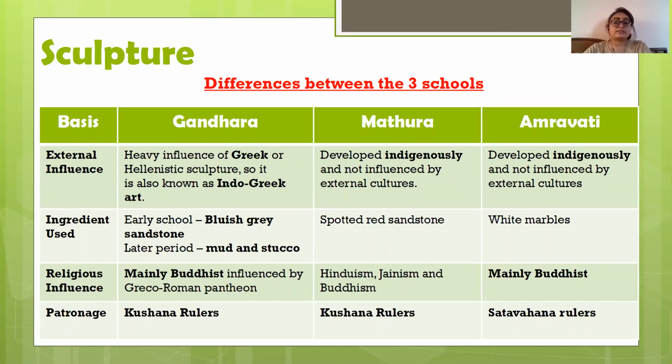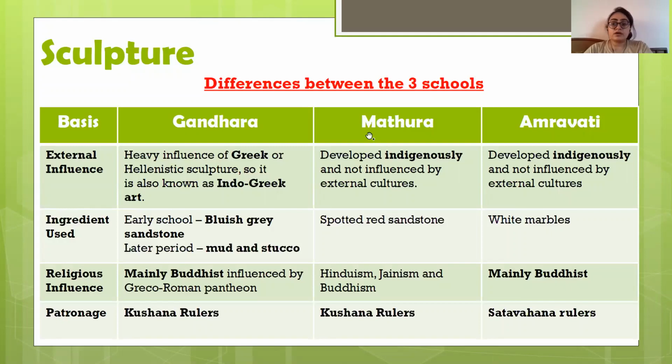It is in the stupas. In the post-Mauryan times when we were doing the stupas, we saw that they had Hellenistic features. So the Gandhara school of sculpture was heavily influenced by Hellenistic sculpture or Greek art, and it is also known as Indo-Greek art, that is a mixture of Indian art and Greek art.